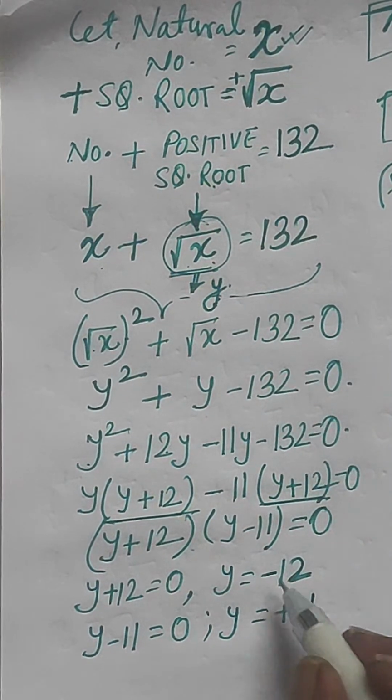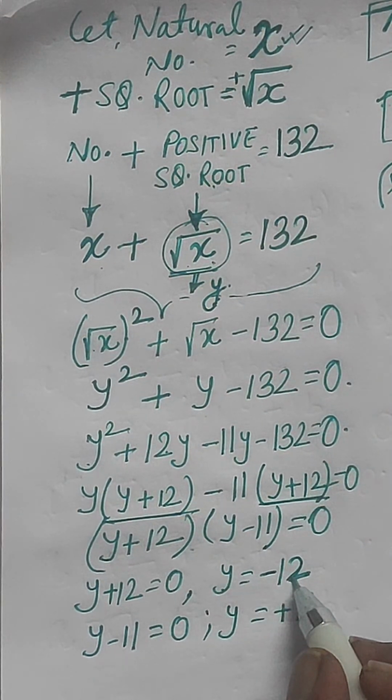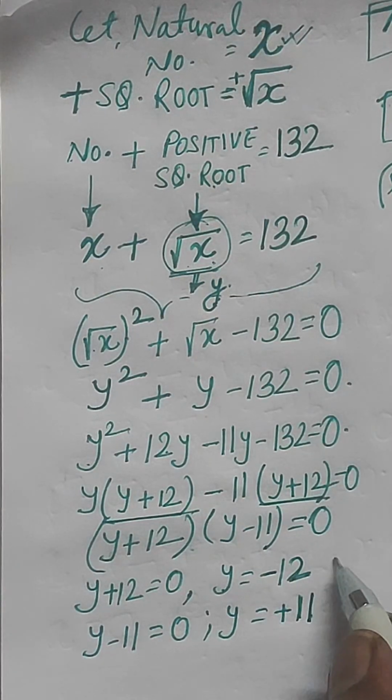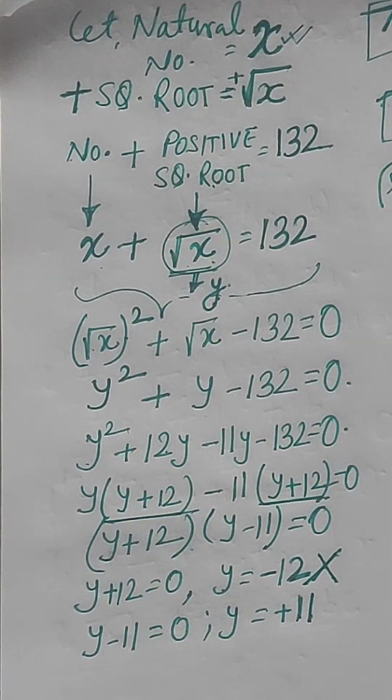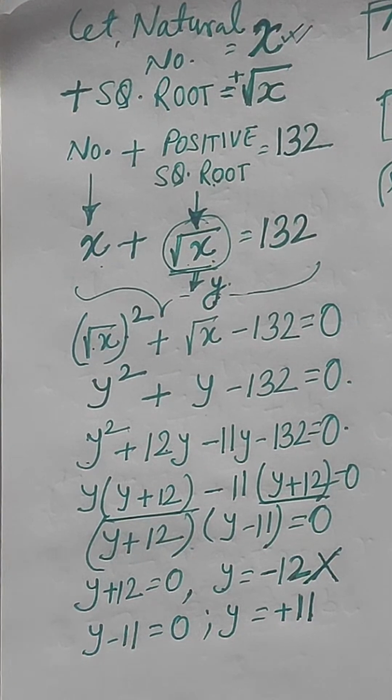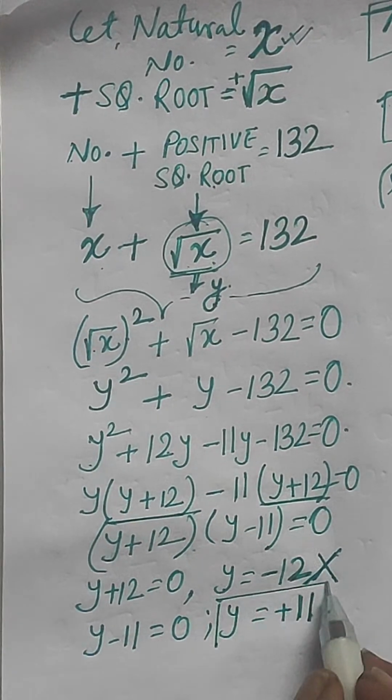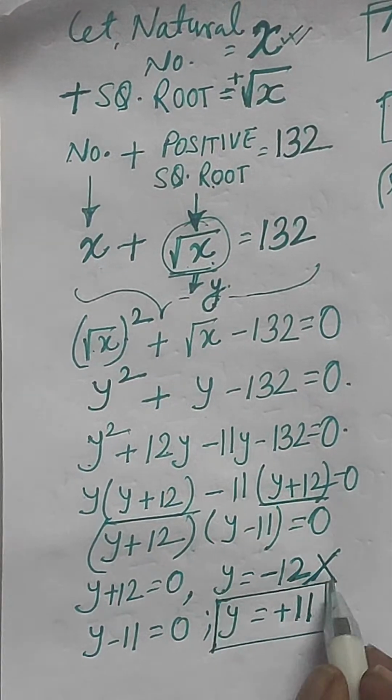So the positive square root of minus 12 would not be possible, so we will leave the value of y as minus 12. We take y as 11.